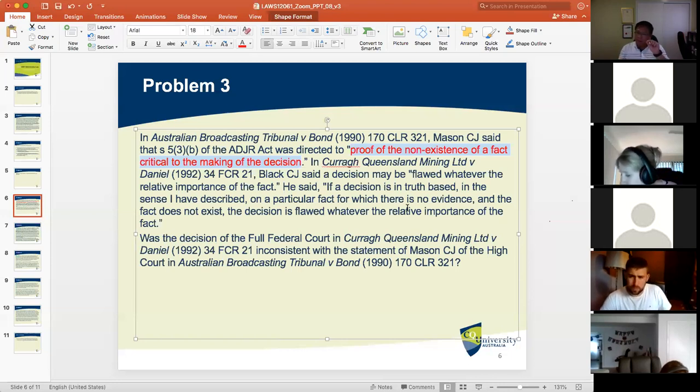But the mere allegation that there was a finding of fact and there was no evidence will not support an assertion that there is a ground for judicial review under the ADJR Act, particularly Section 5.3. Are we clear?